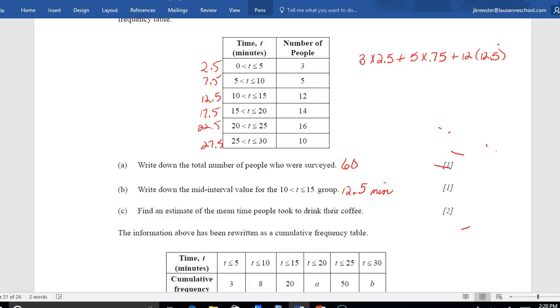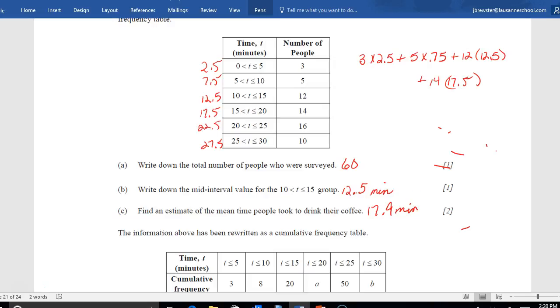But I really don't think it's worth it on this problem. You could just multiply all that out. Just punch it in your calculator exactly as I'm writing it. Plus 14 times 17.5, etc. Let me not write the rest of that. So you multiply all that, it adds up, then divide by the total number of people, which is 60, and the average time turns out to be, I got 17.9, 3 sig figs, minutes.